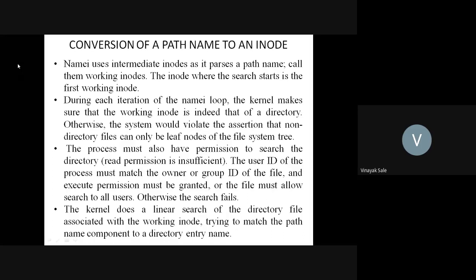Only read permission is insufficient; it requires other permissions also. So the user ID of the process must match the owner or group user ID or other, and execute permissions must be granted. The file must allow search to all users, otherwise the search fails.